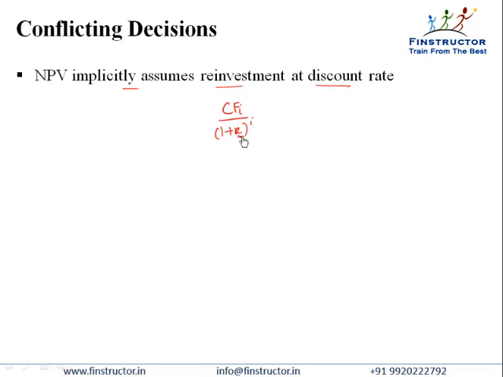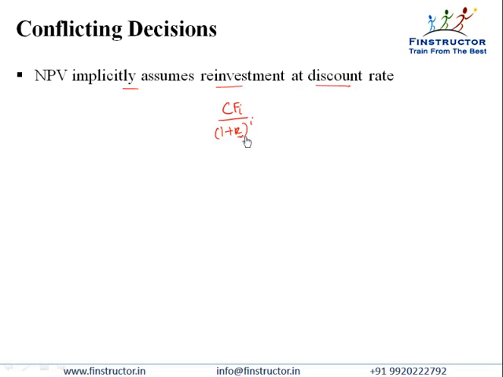And please recall from the review on time value of money that the appropriate rate to discount any cash flow is the opportunity cost, or the rate that capital could have earned had you received it today.